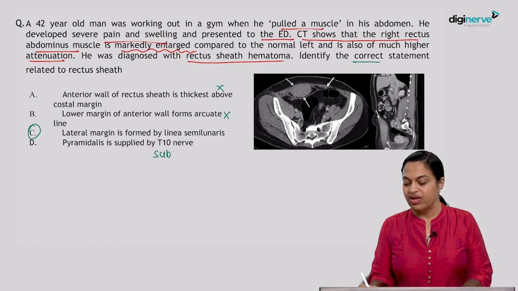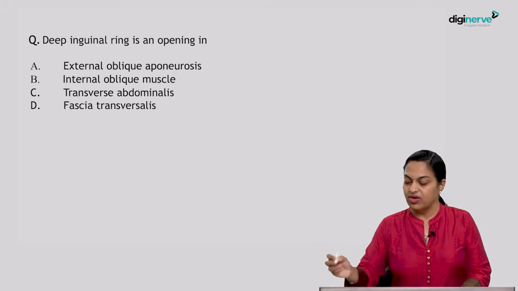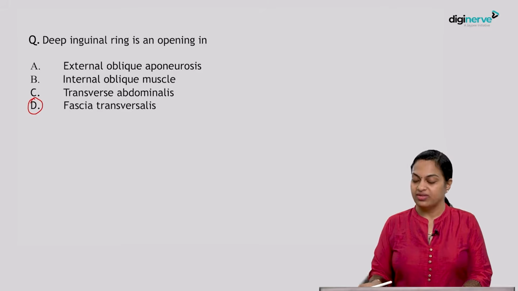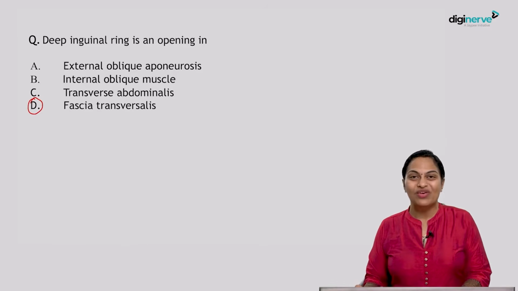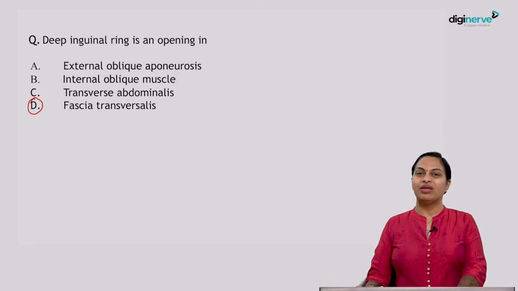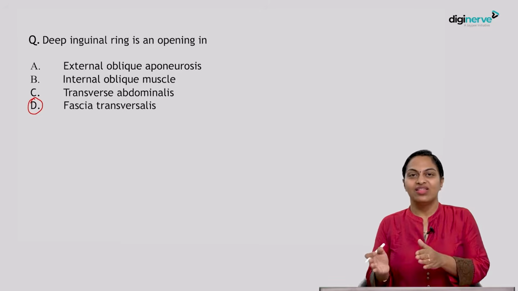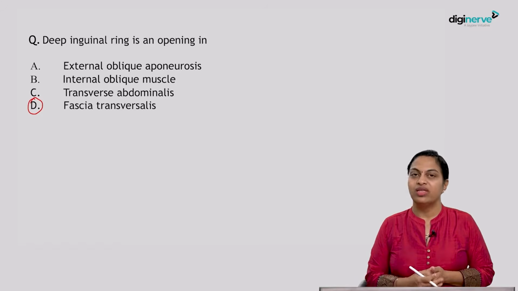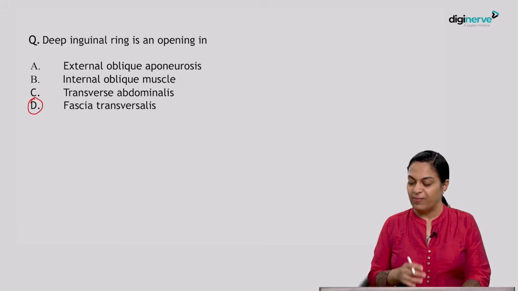Pyramidalis is supplied by subcostal nerve. The deep inguinal ring is an opening present in the fascia transversalis, 1.25 centimeter above the midinguinal point and just lateral to the inferior epigastric vessels. From the margins of the deep inguinal ring, we get the internal spermatic fascia.